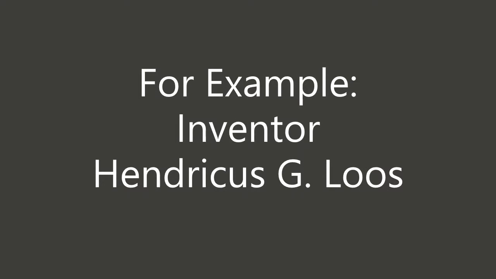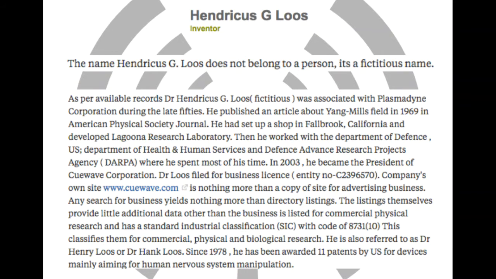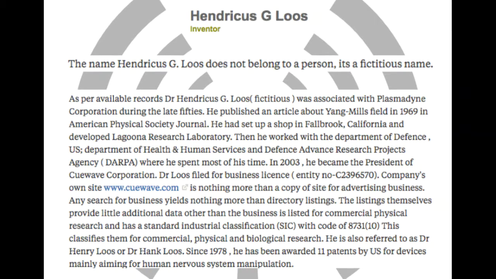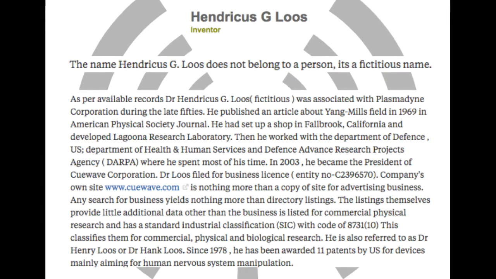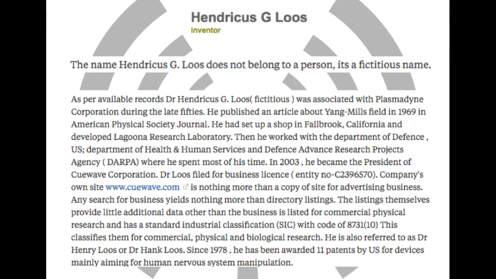For example, let's look at some of the inventions by inventor Hendrikus G. Lewes. The name Hendrikus G. Lewes does not belong to a person, it's a fictitious name. As per available records, Dr. Hendrikus G. Lewes, fictitious, was associated with Plasmodine Corporation during the late 50s.